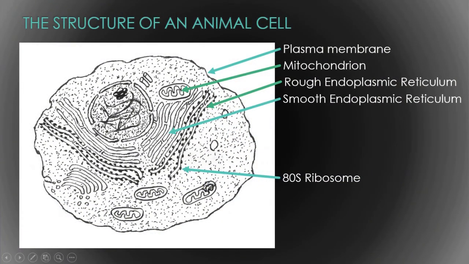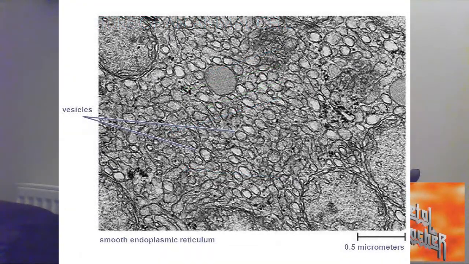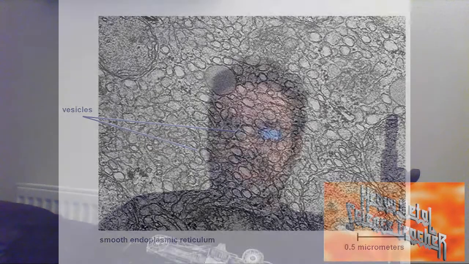Now, smooth endoplasmic reticulum then. This is a little bit different, because instead of it being flattened sacs, the smooth ER is made of cisternae. Now, the main job of this organelle is storage and synthesis of lipids and steroid hormones. Now, it turns out that it also stores and metabolizes calcium products and is part of the mechanisms that detoxify harmful metabolic byproducts.